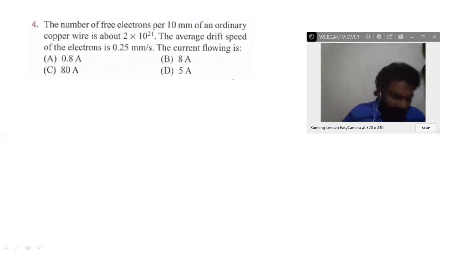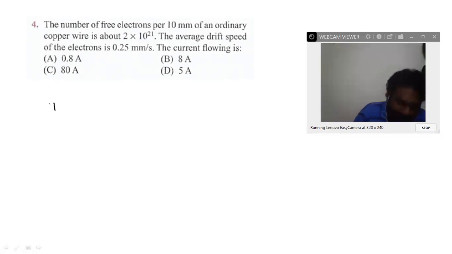The number of free electrons per 10 millimeter of an ordinary copper wire is about 2 into 10 raised to 21. The average drift speed of the electrons is 0.25 millimeter per second. The current flowing will be.